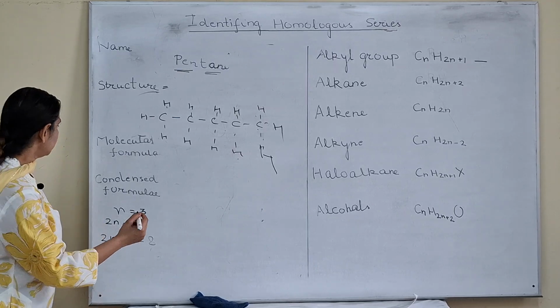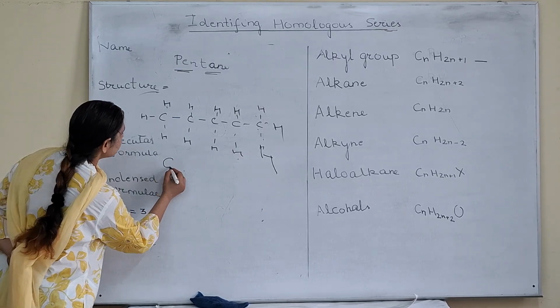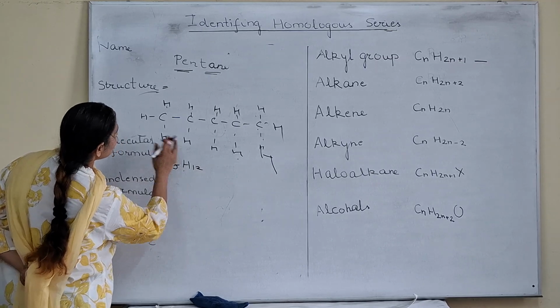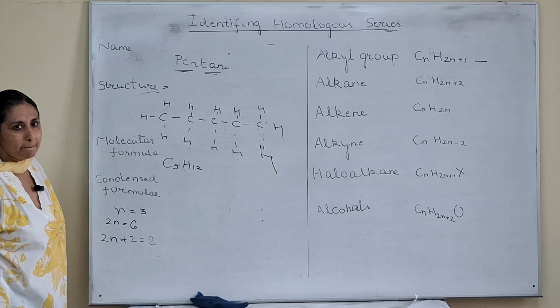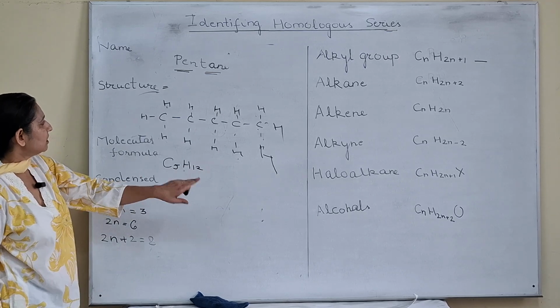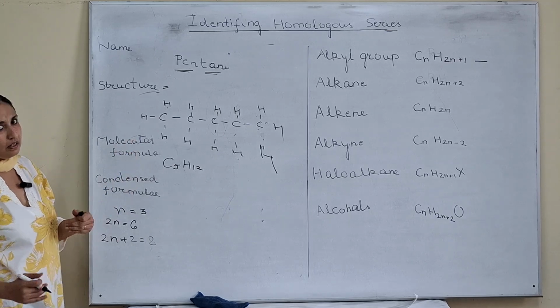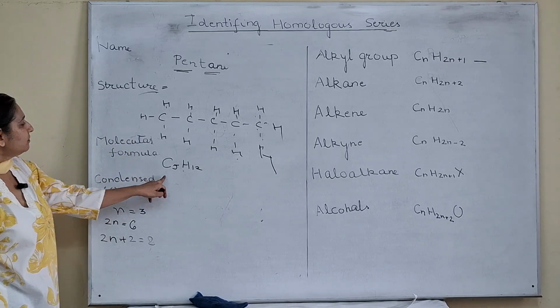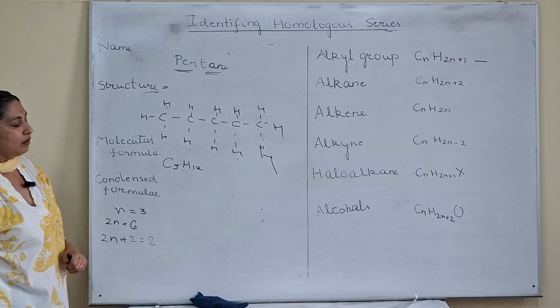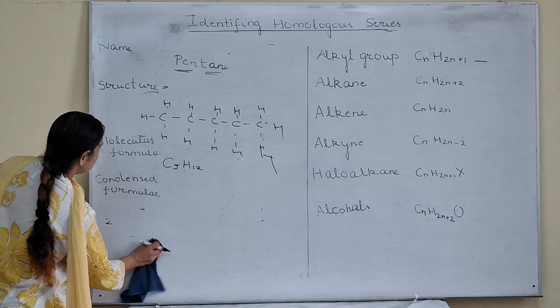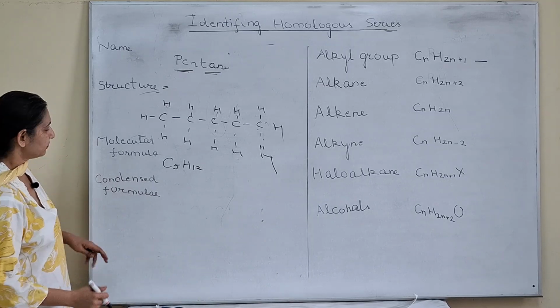Okay, so let's write the formula. C how many? 5. H how many? 12, and nothing else remains. The single bonds also tell us that this is an alkane. Now match this formula with the alkane formula. First find what n is.